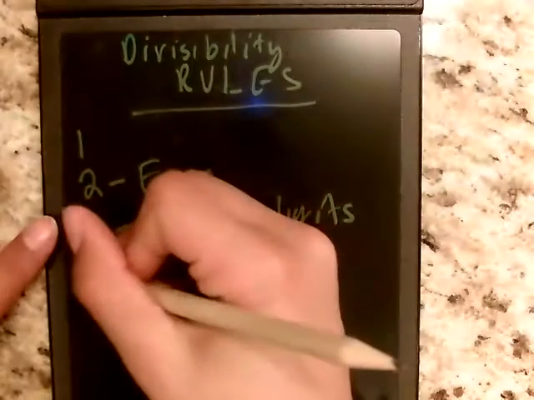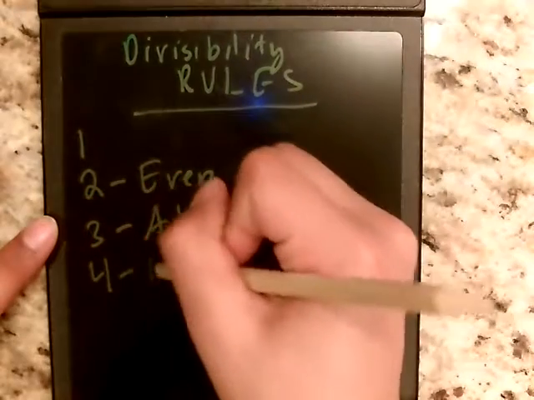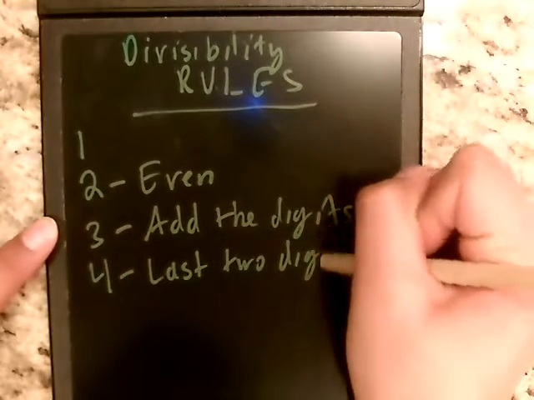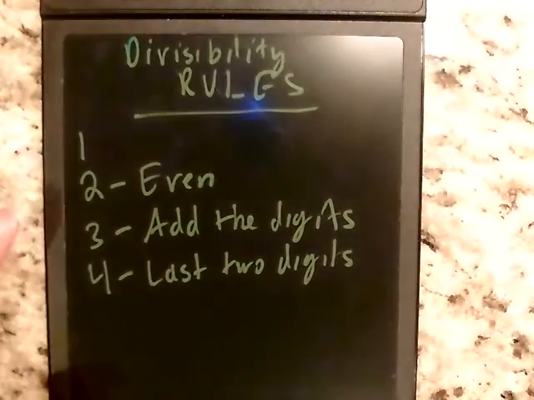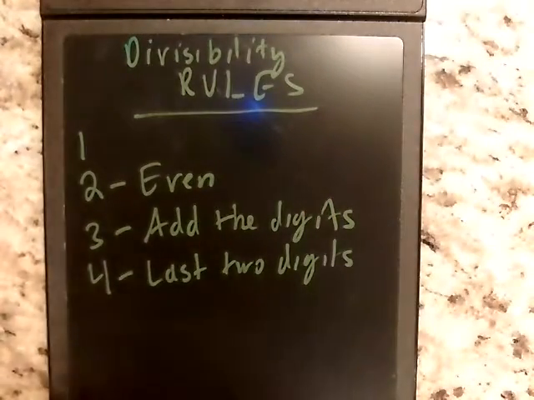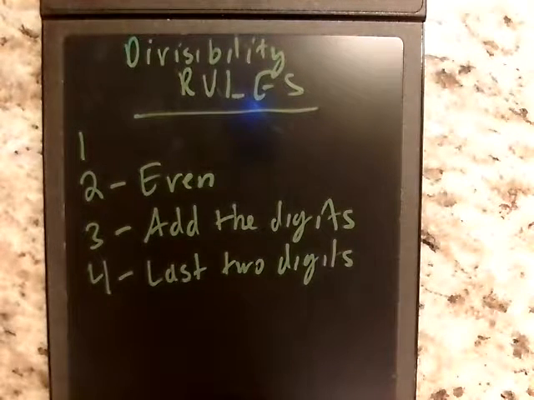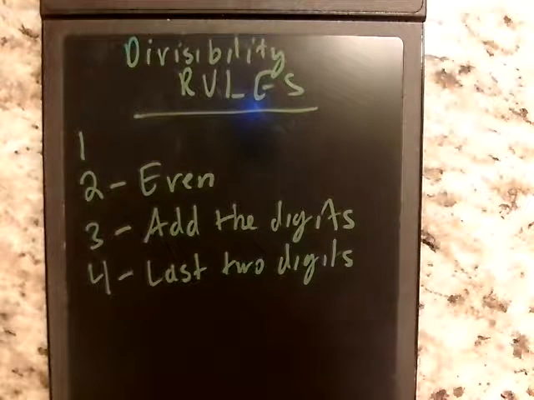So then number 4 is if the last 2 digits are divisible by 4, then the entire number is divisible by 4. This actually works because every 100 is divisible by 4. Since 100 is divisible by 4, 200 has to be divisible, 300, 400, etc. all have to be divisible by 4.